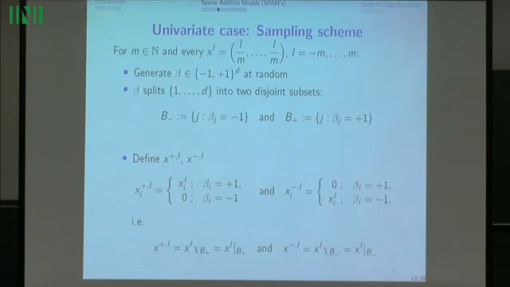So essentially we take x_l, which is a fully occupied vector, and we erase the part which is in B minus or which is in B plus. There are a number of ways to write that, like multiplying with characteristic functions of these two sets. So essentially you take these points and split them into two halves.